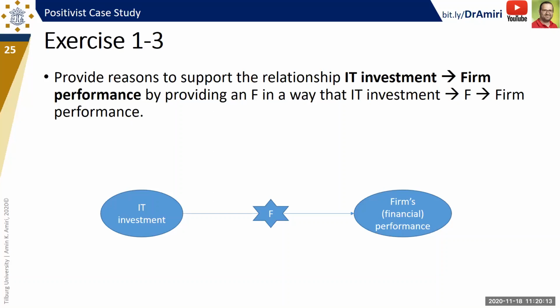Another example, IT investment improves information systems, but information systems what? Effectiveness? Information system what? So when you try to provide this F, you also need to keep in mind what kind of measurable constructs you can provide here. But you are on the right track. That was a good answer. So don't forget this. You need to provide these Fs, otherwise you don't have a theory.